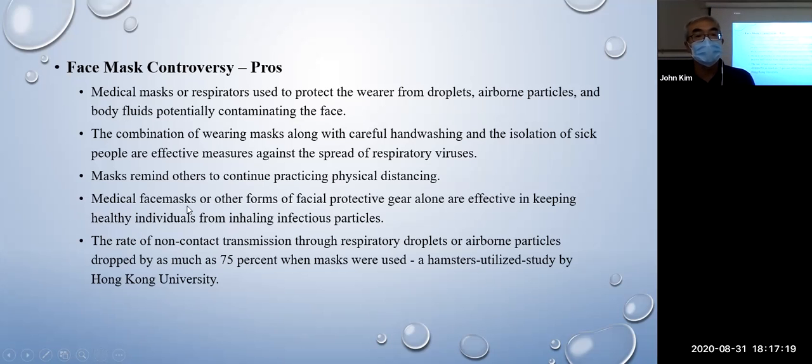Medical face masks or other forms of facial protection like cloth covers are effective alone.